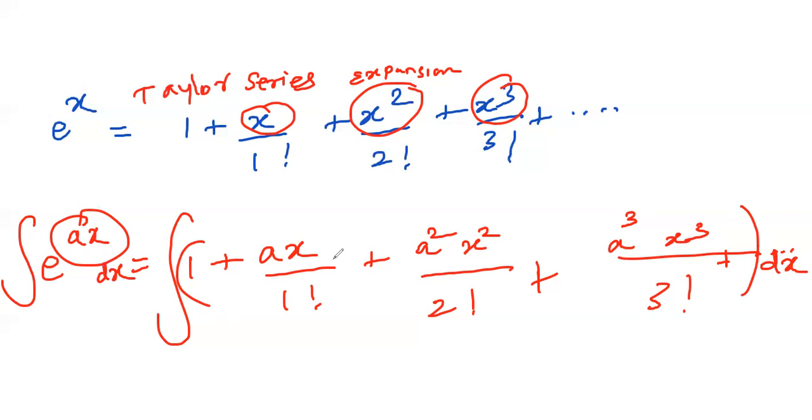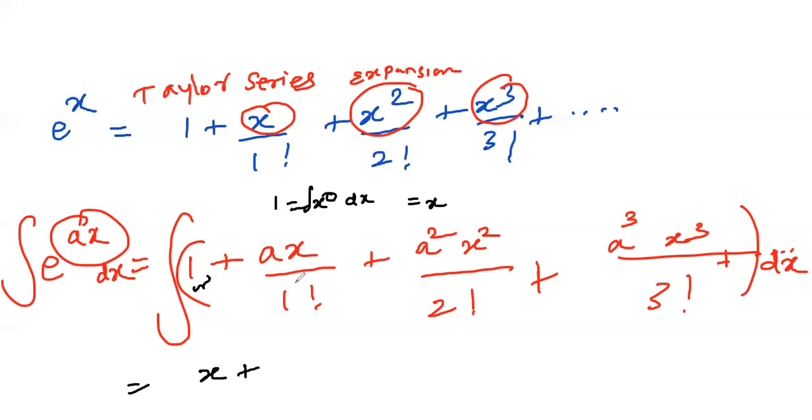How will you rewrite 1 in terms of x? As x to the power 0. So what will you get if you integrate x power 0? X to the power 1 by 1, which is x. So the answer for the 1 is x.